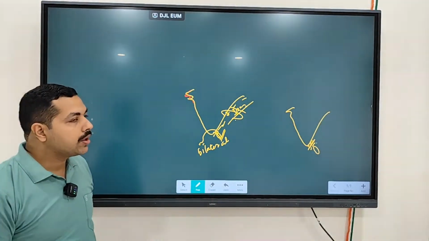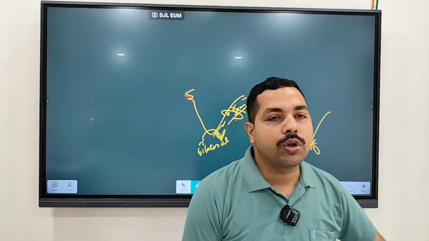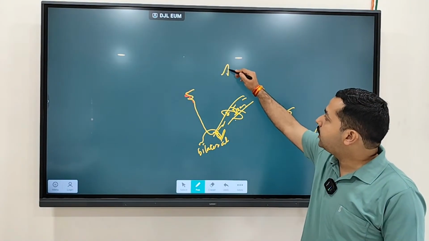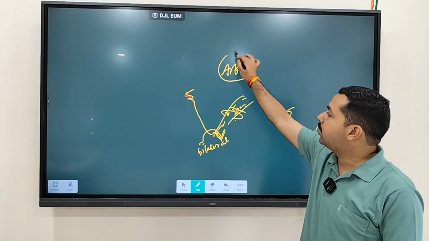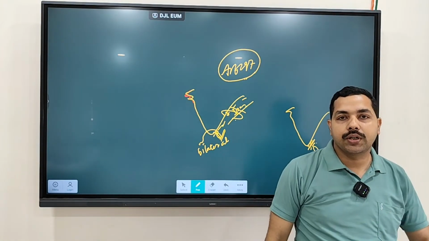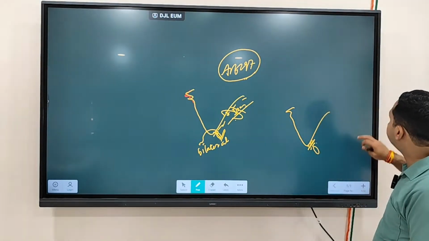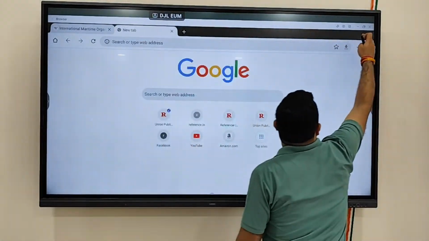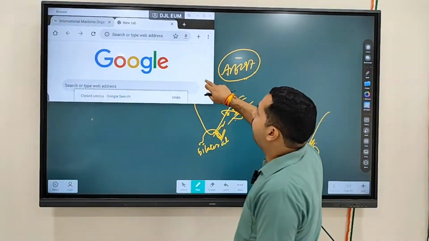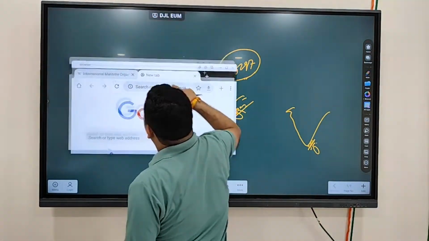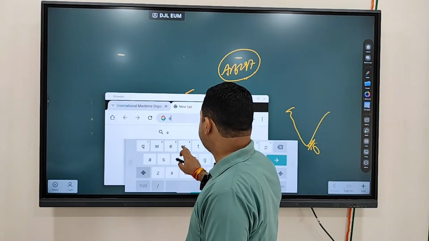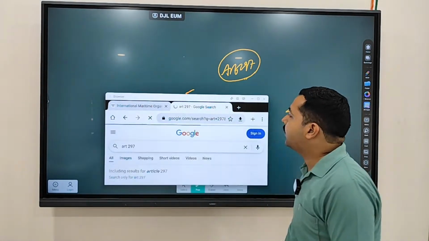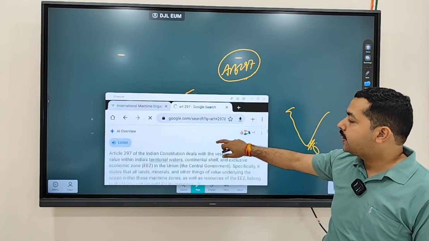So this is all about your concept of territorial water and so on. If you look at your polity, Article 297 deals with these concepts. So when you read the polity part, you can see this is Article 297 of the Constitution.